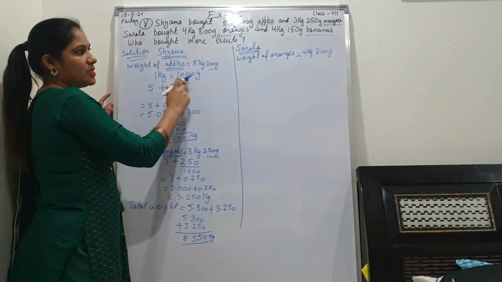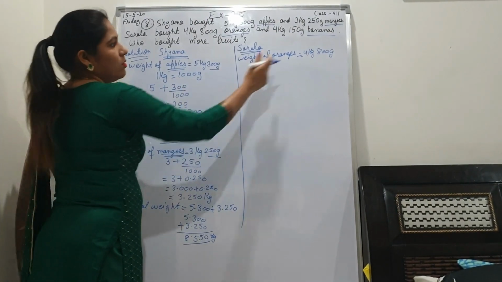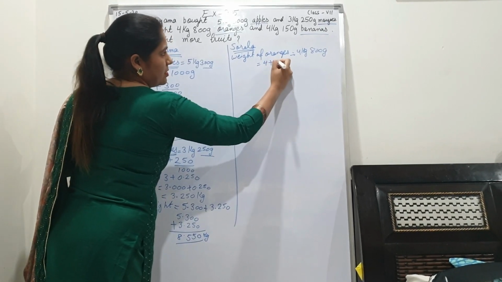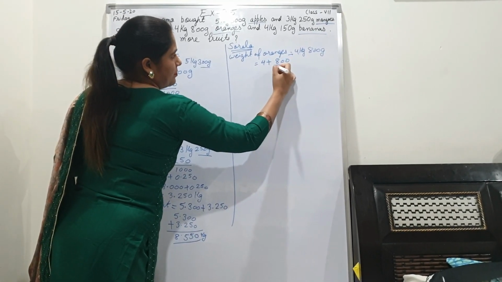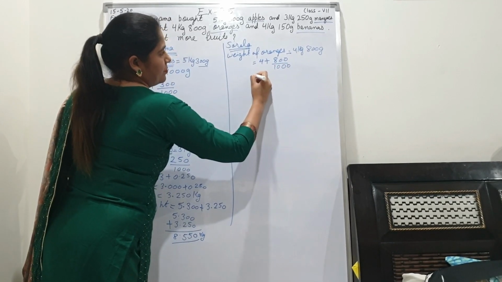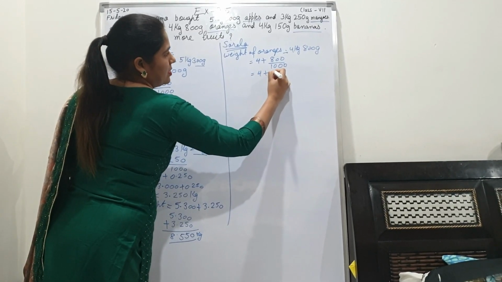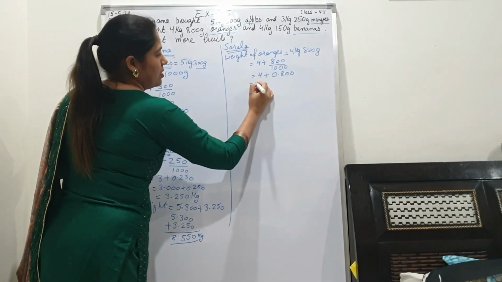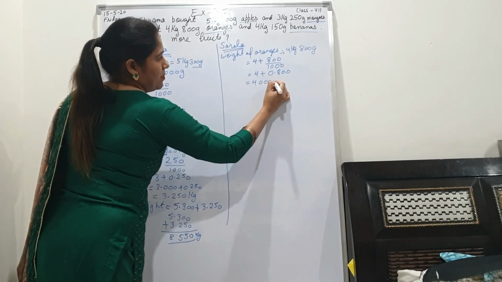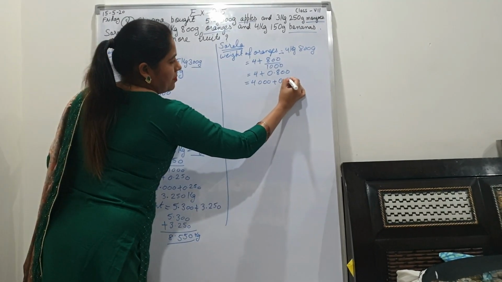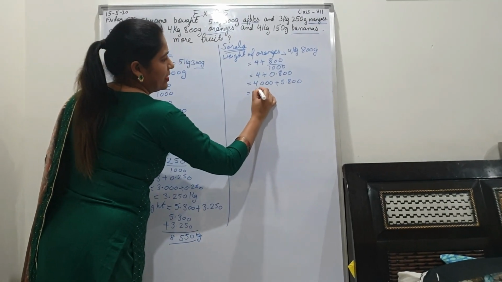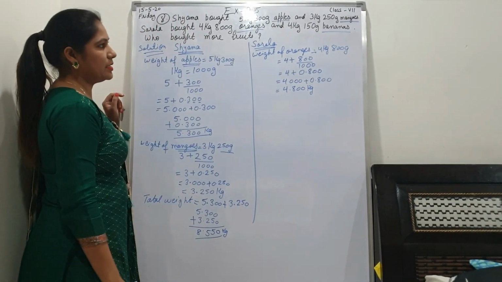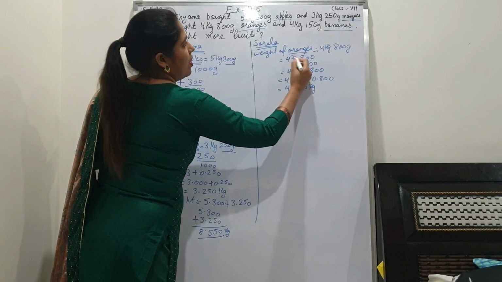Again 1 kilogram is equal to 1000 gram, so we will divide by 1000. 4 as such, plus 0.800. Again into like decimals. Add them, we will get 4.800 kg. That is about oranges.